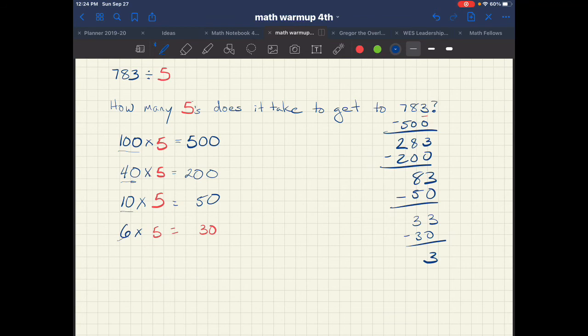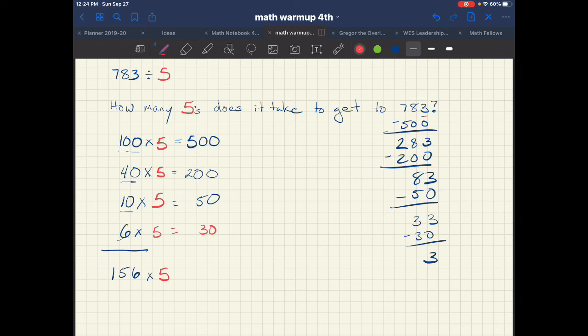So altogether, this is 156 fives, and we'll multiply this out just to see what that actually gets you.